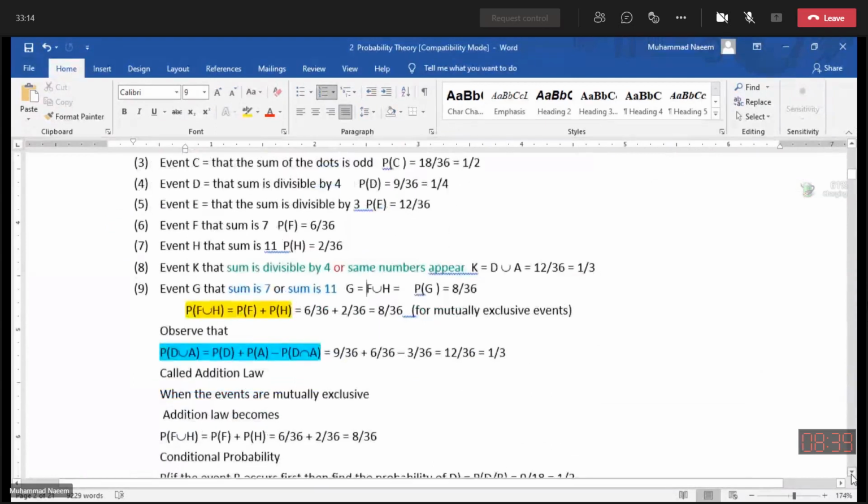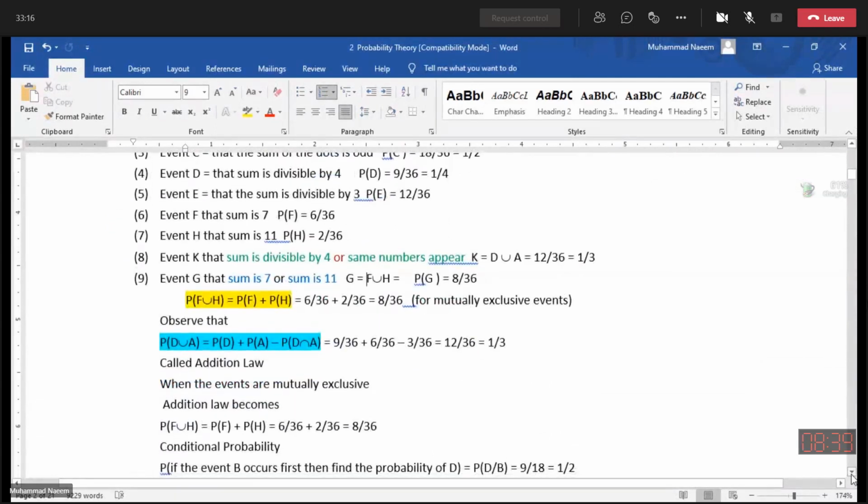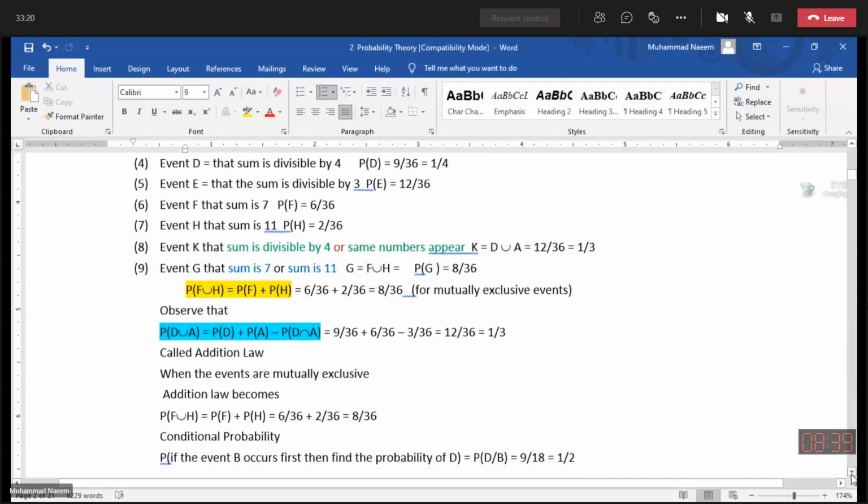Otherwise, if they have something in common, definitely we avoid a repetition, because actually in the background set theory is working. That's why when we take a union of two sets, we avoid repetition. We consider common elements once.